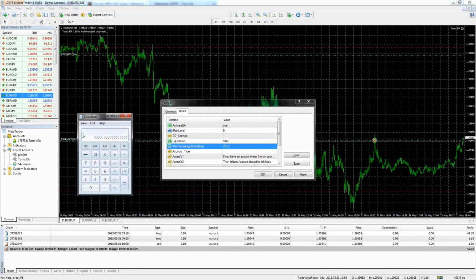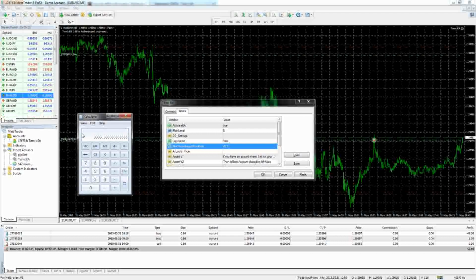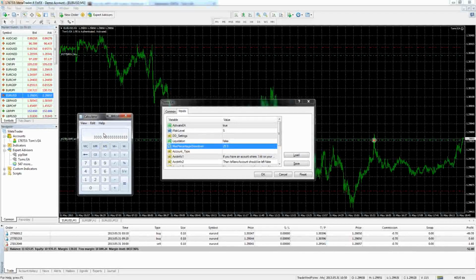And what I try to do with all of our systems, for example, with our Trade Hero or Pip Hero system, is tell you this stuff. It'll pop up and say, hey, your settings are too aggressive for this account size. Here's the settings we suggest you go with, or here's the balance you need to run these settings.